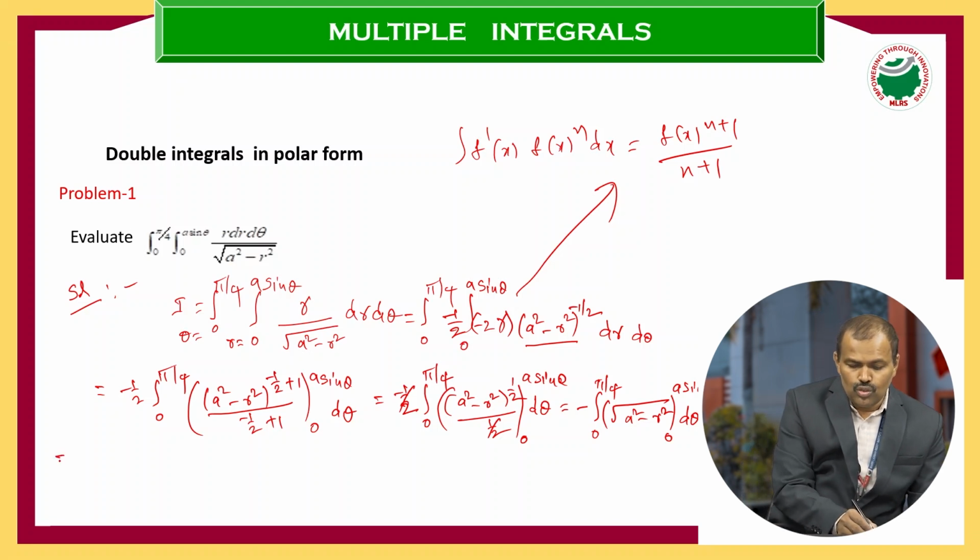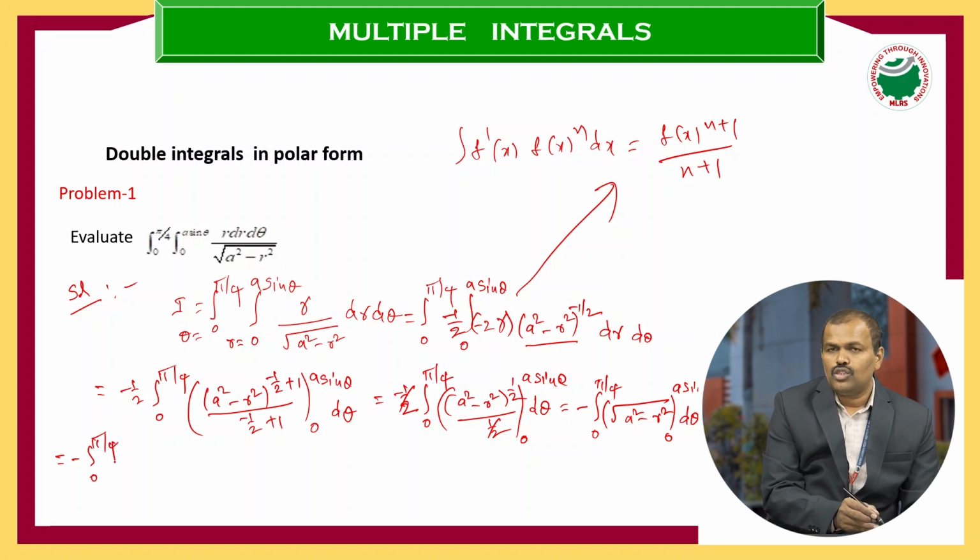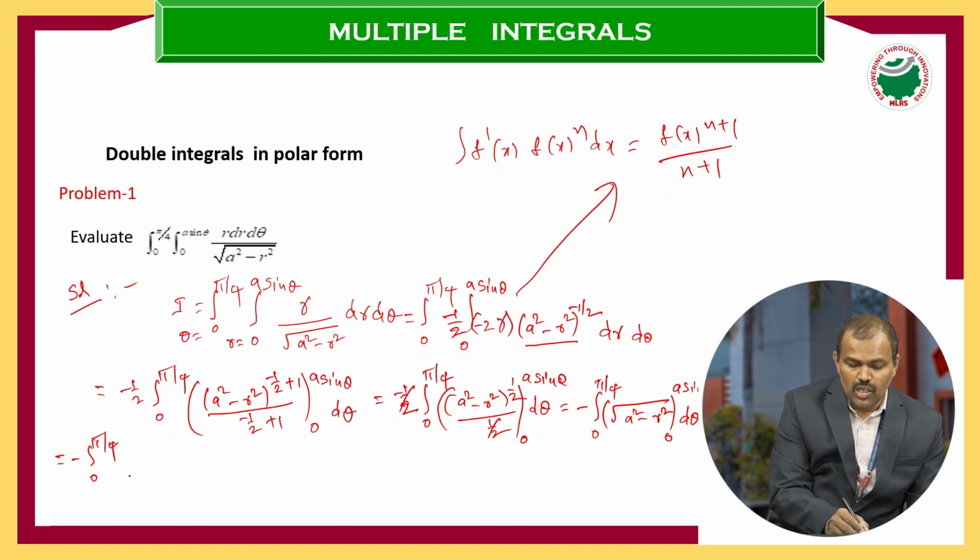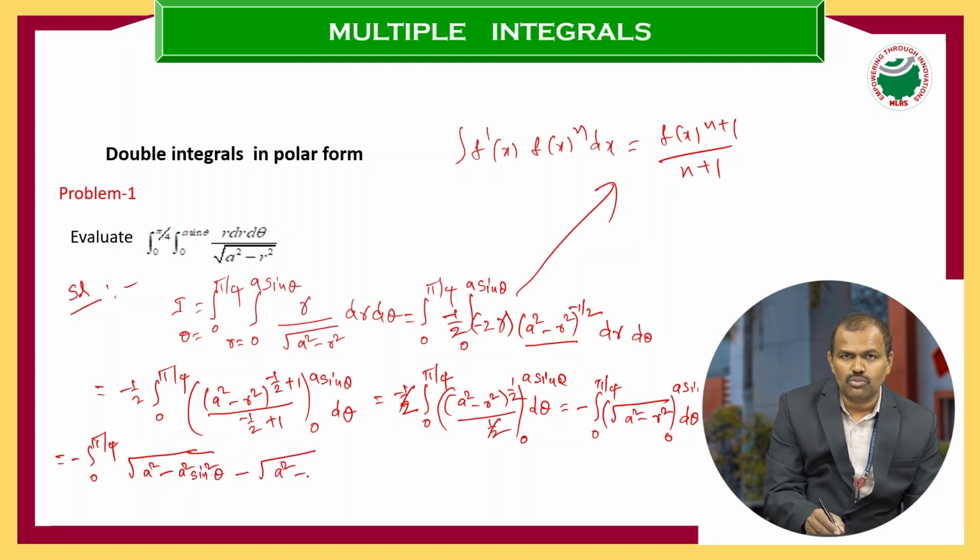So that is equal to minus integral 0 to pi by 4 square root of a square minus, in place of r I am writing a sin theta, upper limit, that is a square sin square theta. This is upper limit minus lower limit: a square minus, in place of r I am substituting 0, 0 square, whole bracket d theta.